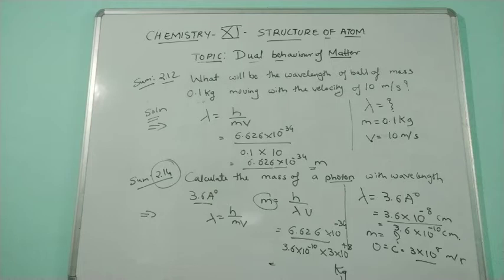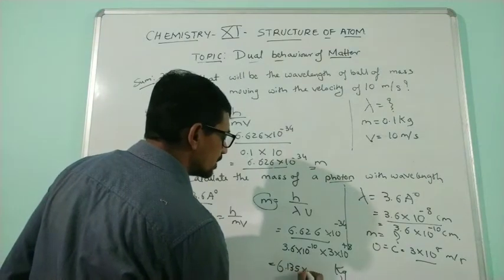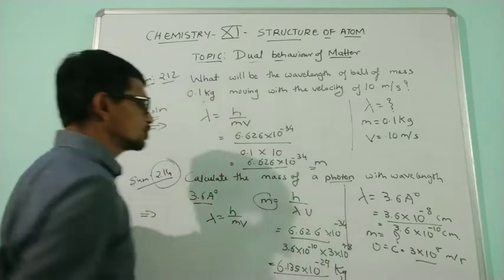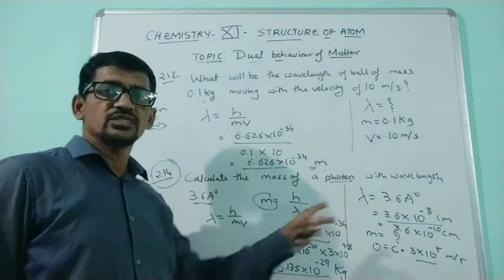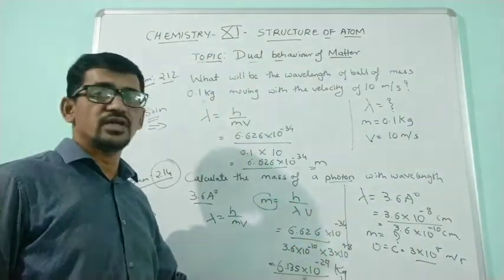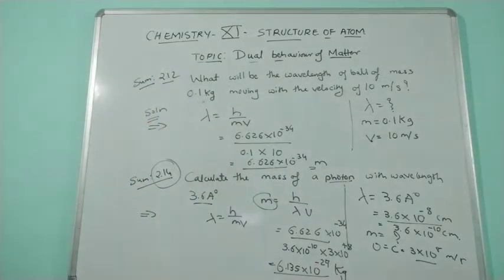That is coming 6.135 × 10^-29 kg. So the mass of a photon is very less, coming in 10^-29 kg.